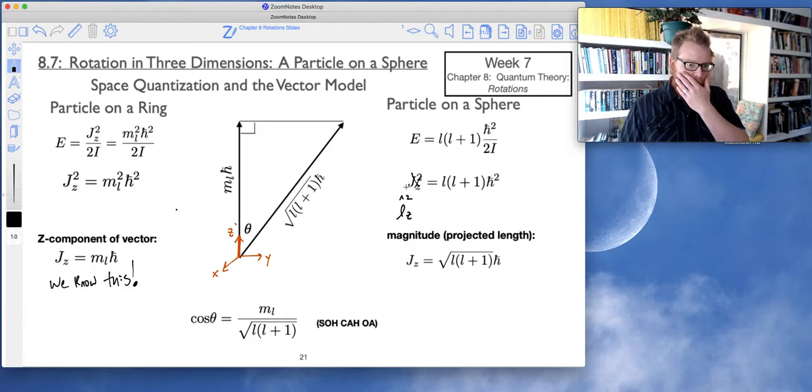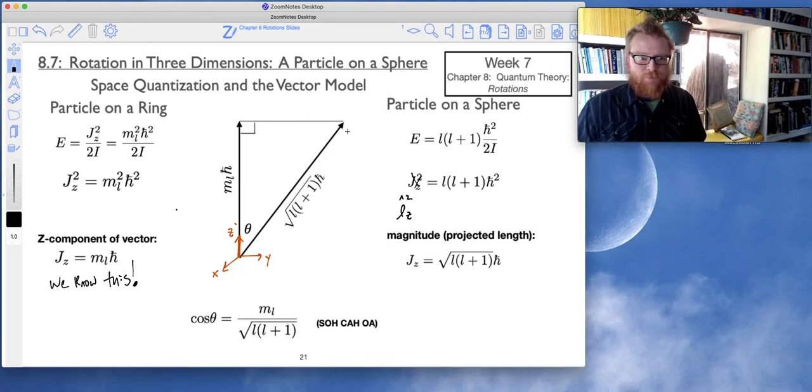So then what about this? Well, my total magnitude is given by the root of L times L plus 1, times h bar. And I can turn that magnitude into a length by taking the square root. So now the length of this vector becomes root L times L plus 1 h bar, and this makes a 90-degree triangle.